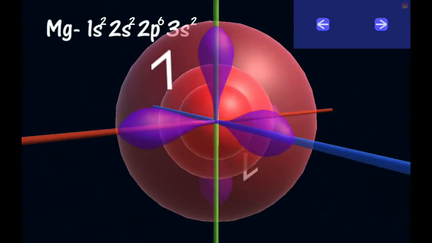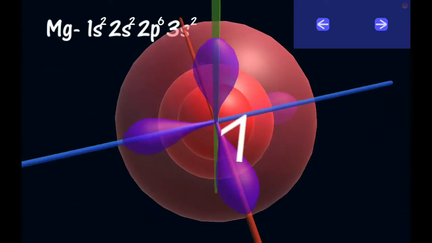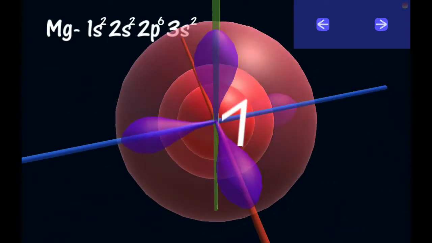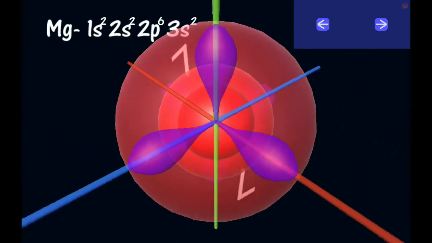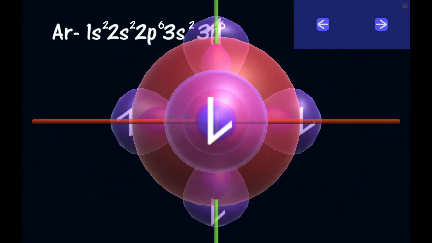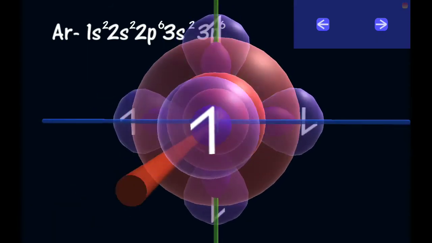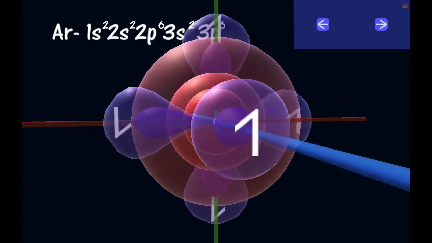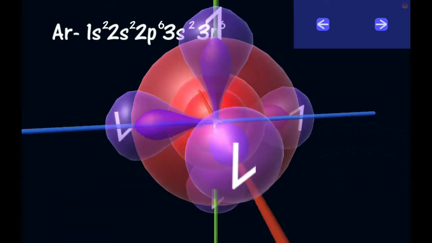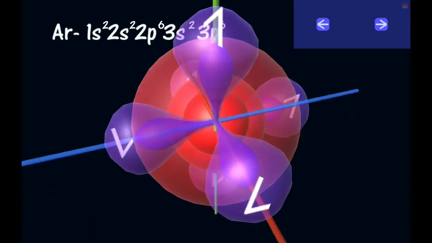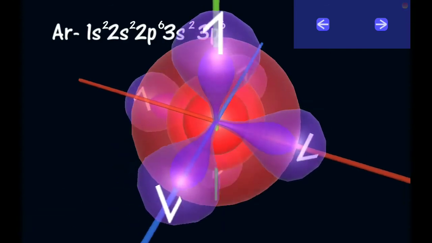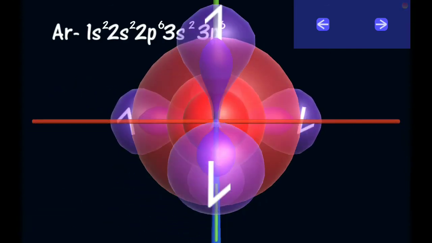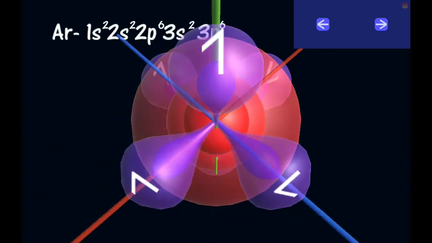Now we have magnesium. You see, it's really very complicated. You can see 3s has come into place. So together all the orbitals look like this. Then we have argon, a bit more complicated. Now you see 3p has come into existence. Now 3p is engulfing 2p. 3p starts from near the nucleus and extends more.